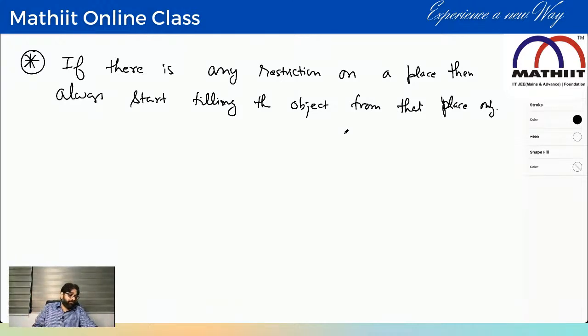It may happen that more than one place has a restriction. In that case, you have to make cases. We'll discuss later. I don't want to confuse you by taking 2-3 points at a time. Right now, if there is a free arrangement, no condition, start filling objects from anywhere. If there is a condition, always start filling from the place where the condition is.